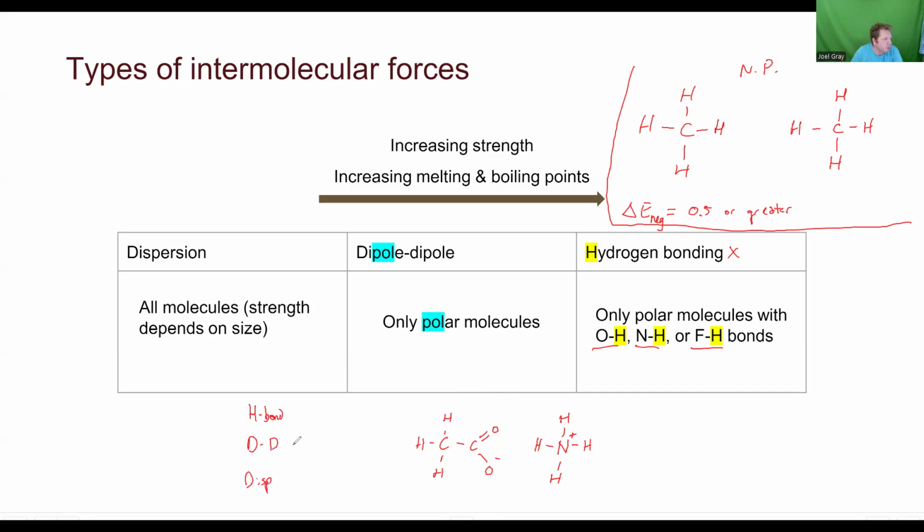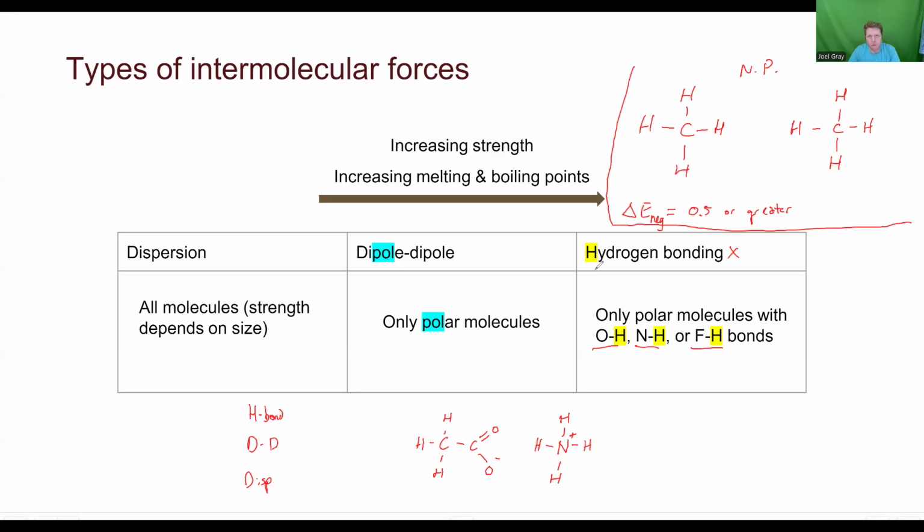And for each of these molecules, I'm going to ask myself: do I have hydrogen bonding? Do I have dipole-dipole, and do I have dispersion forces? Now, we're going to look at each one of these molecules when we're asking about their interactions.